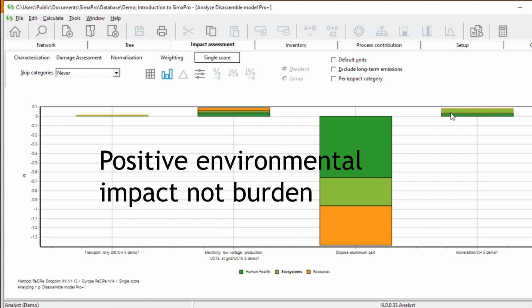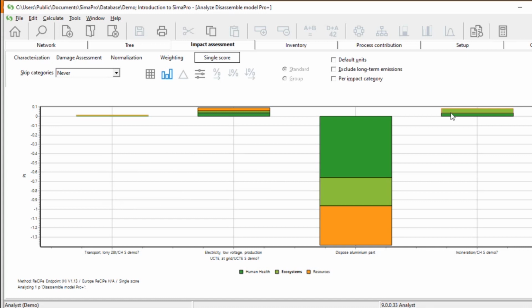Incineration means combustion, like burning it out. Those who are not familiar with these terms: burning of the waste will give you some environmental impact, like emissions such as CO2, NOx, etc. So that will affect our environment. That's why it's a positive environmental burden due to the incineration.